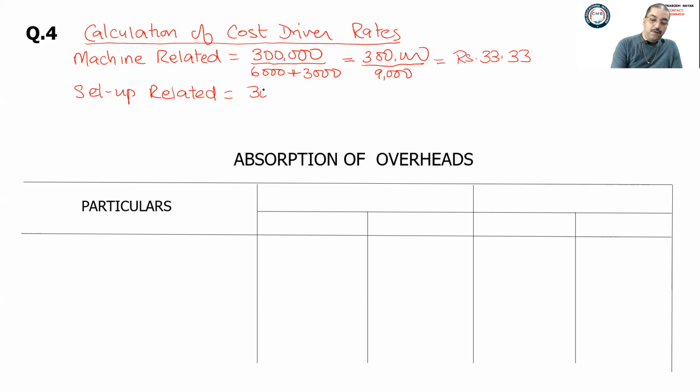Total cost is 30,000 divided by 15 plus 50. 30,000 divided by 65 is 461.54.